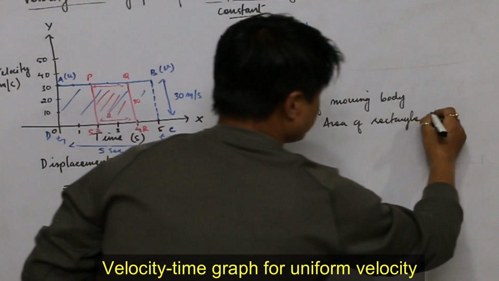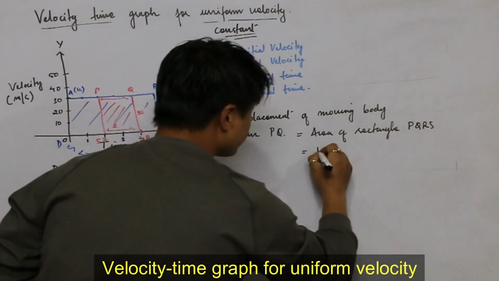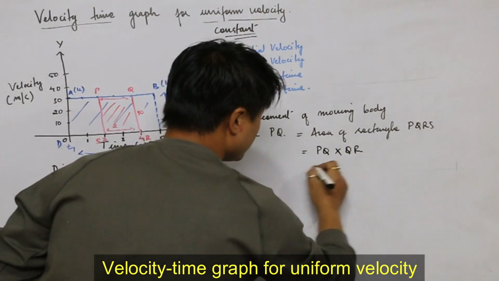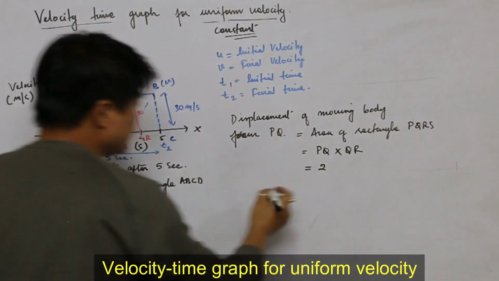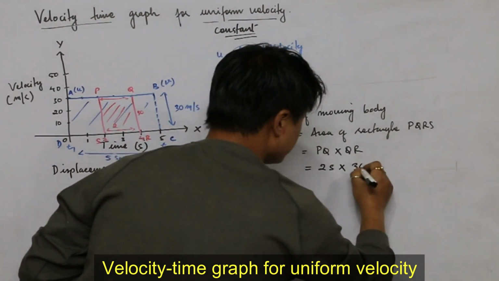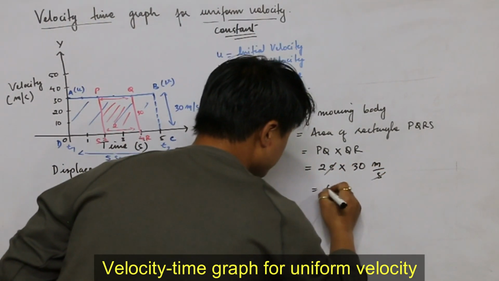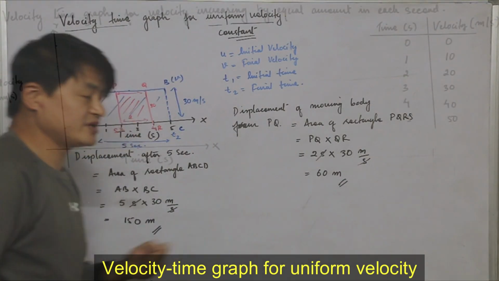PQRS. This is your PQ into QR. PQ is how much here? 2 seconds. Into QR, here how much? 30 meter per second. Seconds cancel. 2 times 30 is 60 meter. This is the displacement.